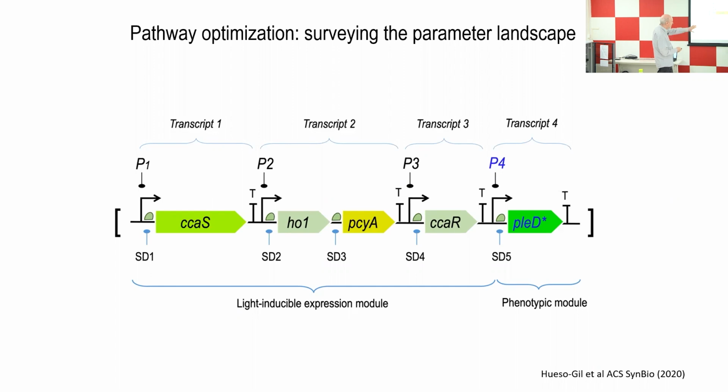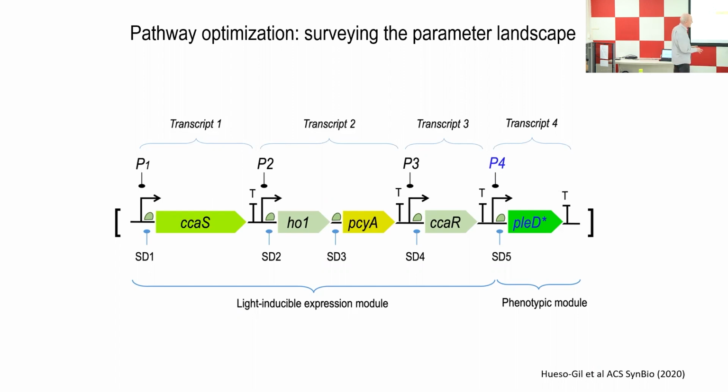If you don't have this enzyme, then cells don't produce the cyclic di-GMP and they don't form biofilms. So we engineered this in front of the same bunch of genes that we used before for GFP, and again we have a large number of parts that you have to optimize: the ribosome binding sites, four promoters, and a bunch of terminators.